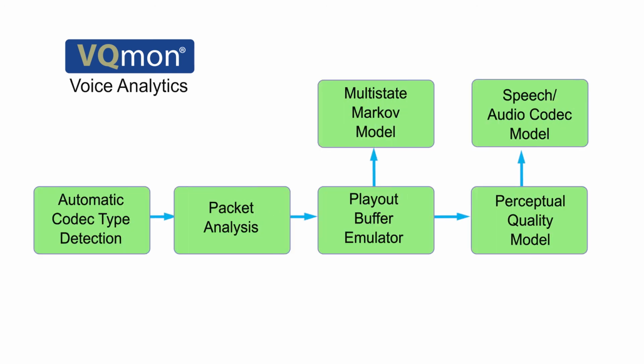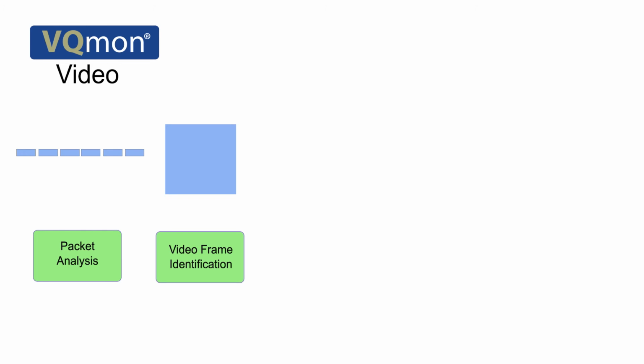VQmon uses this detailed distribution of lost and discarded packets together with a codec model to compute MOS and QoE scores. Telchemy's perceptual quality model understands the way that people react to time-varying quality, which makes the resulting quality of experience scores more accurate and dependable. VQmon can analyze video conferencing, streaming video and IPTV services, even when encrypted.